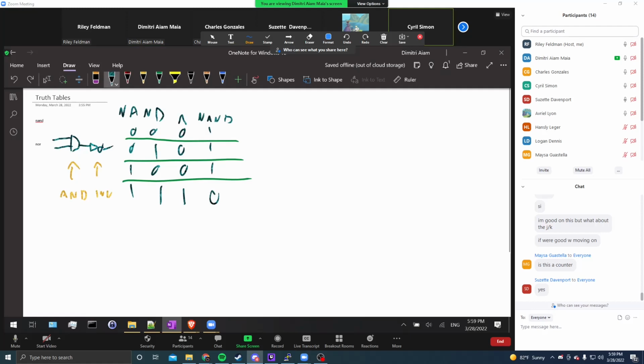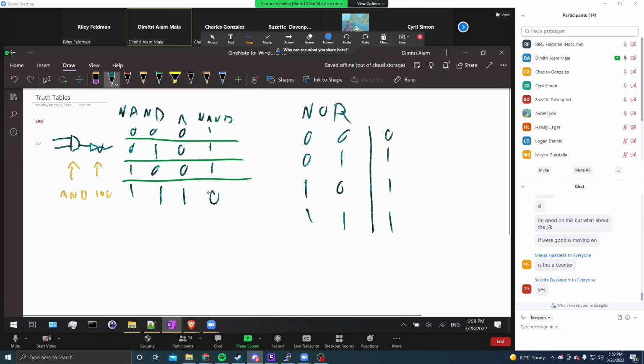And then NOR. So we just do an OR. 0, 0, 0, 1, 1, 0, 1, 1, and then we OR them: 0, 1, 1, 1, and then we invert it: 1, 0, 0, 0.